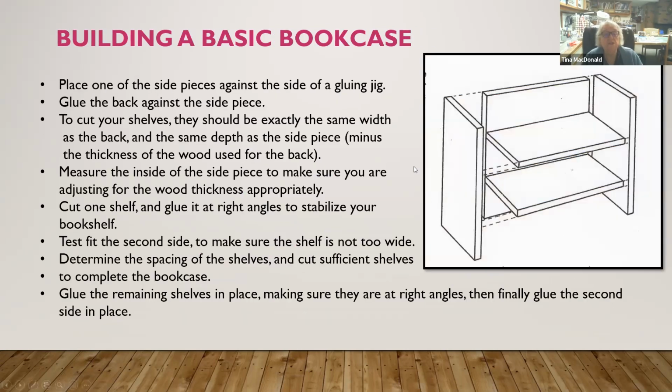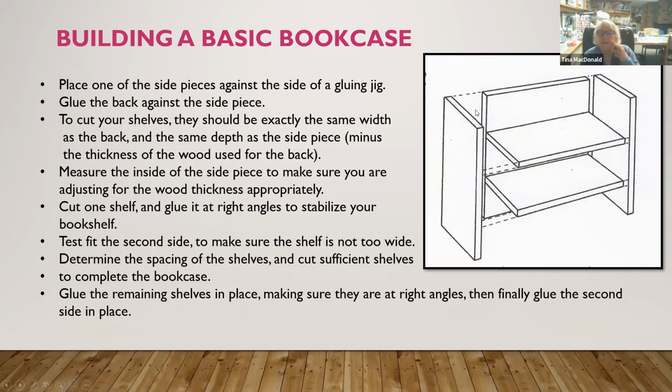Okay, so here's a picture of a basic bookcase over here. And the instructions are fairly clear cut. You always have the side overlap the back. Can you see my cursor there? Because when you're looking at it from the side, you don't want to see a join in the wood where the back is hanging out.